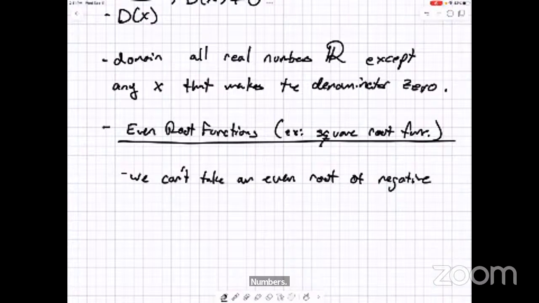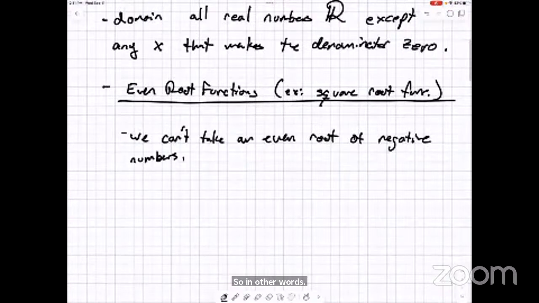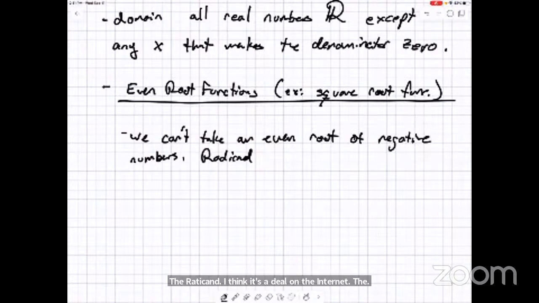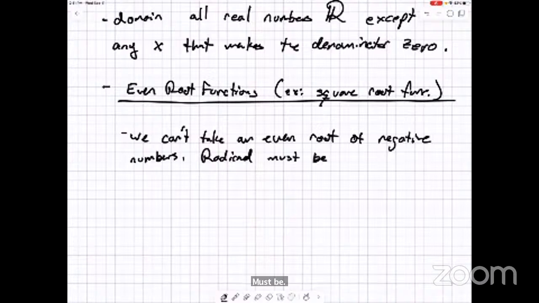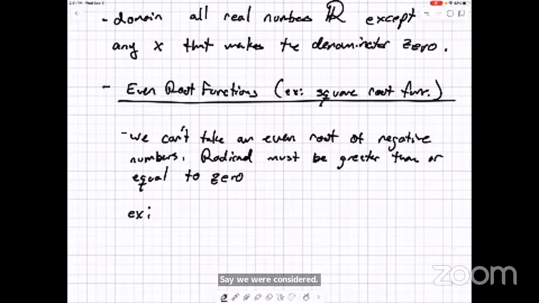In other words, the radicand, which is the inside part, has to be greater than or equal to 0. The radicand must be greater than or equal to 0. So for example, say we were considering f of x equals the square root of x.